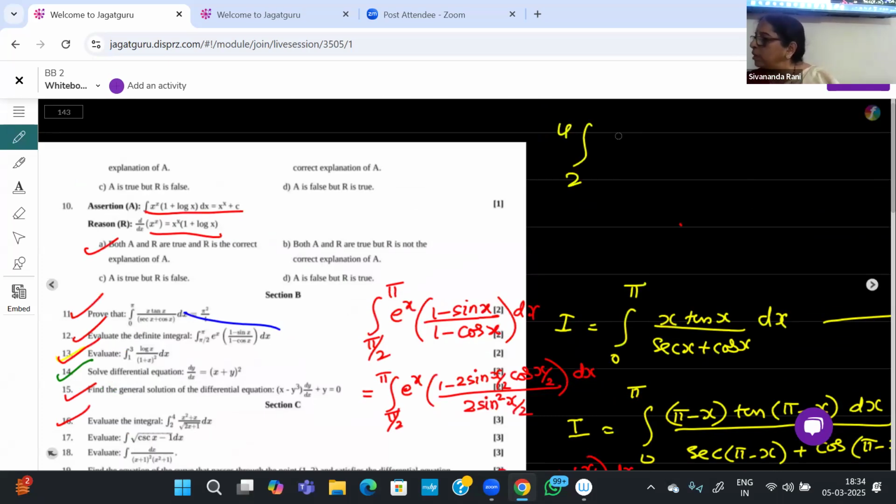Oh, and this has a funny characteristic. The derivative of the numerator has occurred in the denominator, but that's of no use actually. No. What shall we do for this?